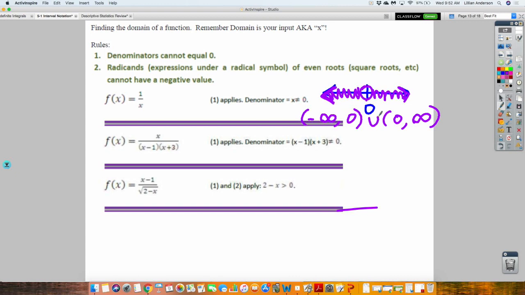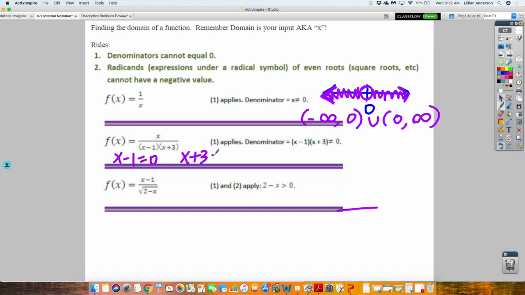Okay? That's your first rule. That's going to be a situation where it's not going to be all real numbers, if there is a variable in your denominator. Let's look at this one. It's already factored out for us. So we have to figure out what numbers are going to make this 0. So we set x minus 1 equal to 0, x plus 3 equal to 0.